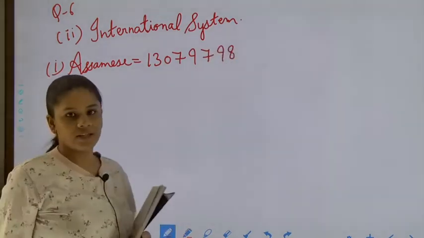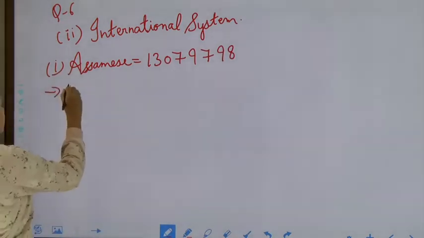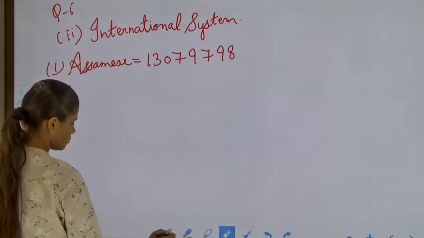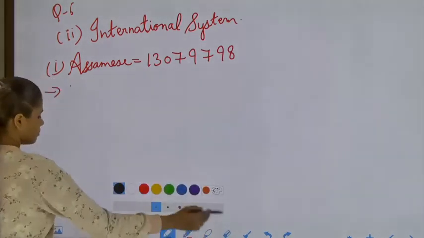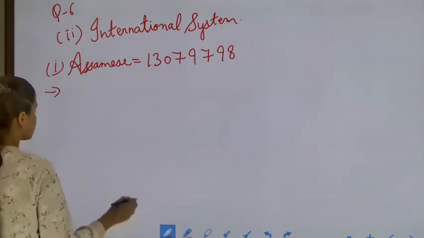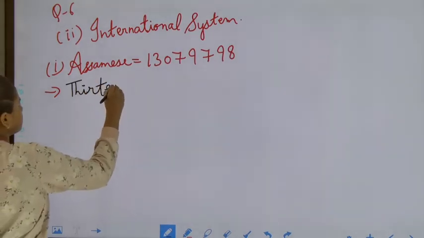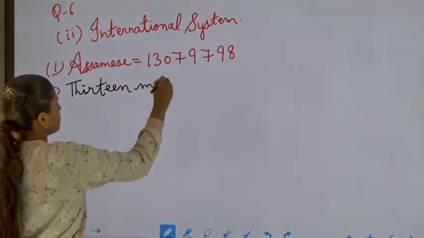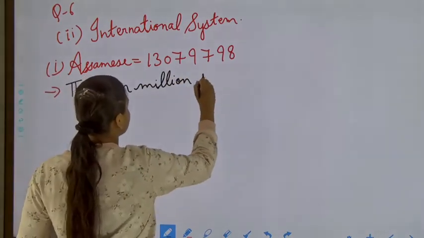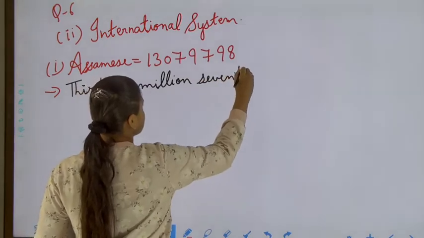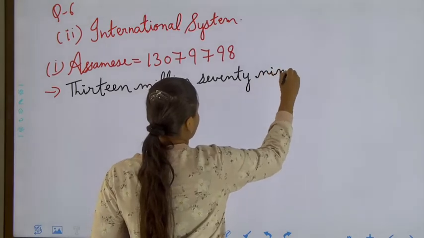We have to write it in the international system of numeration. That is 13,79,000 9,780.